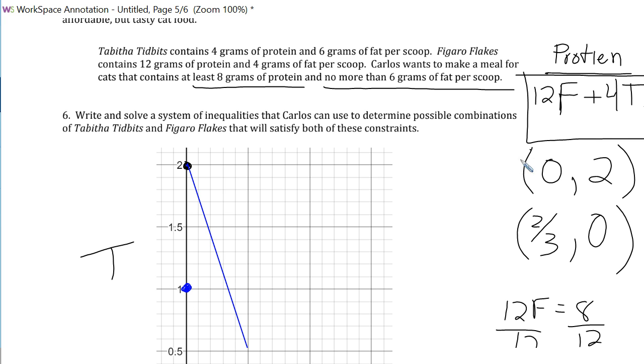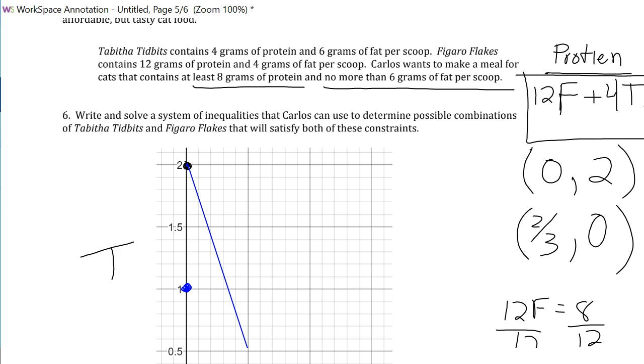Now let's put in a 0 for our t. You get 4f equals 6. Divide each side by 4, and you get f is 1.5. I solved for these because they were harder. These I did in my head. So the point 1.5 comma 0.